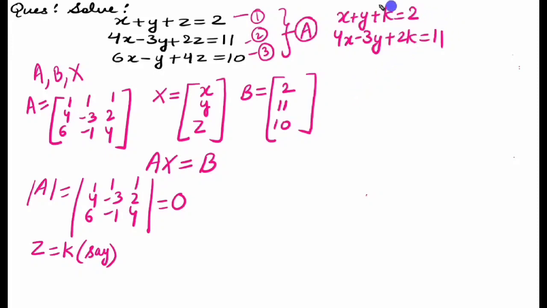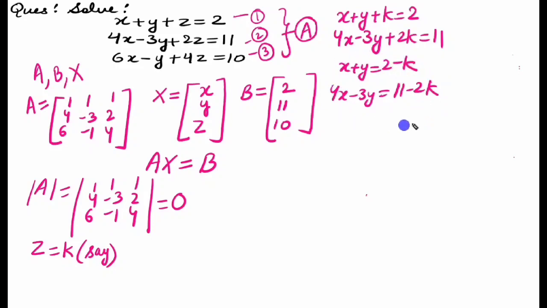So we have two equations of this type formed out of equations 1 and 2 after putting the value of z here. These two equations can also be written as x plus y is equal to 2 minus k and 4x minus 3y is equal to 11 minus 2k. So in this way we have two equations in two variables x and y.